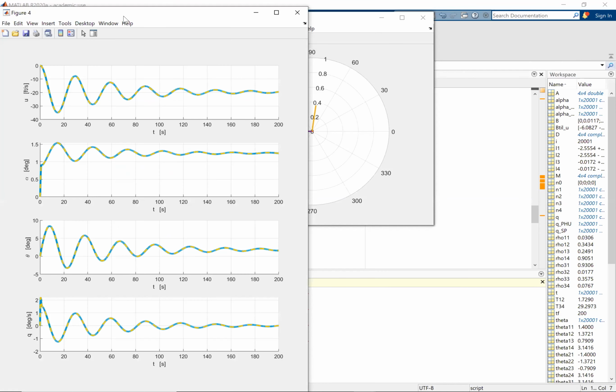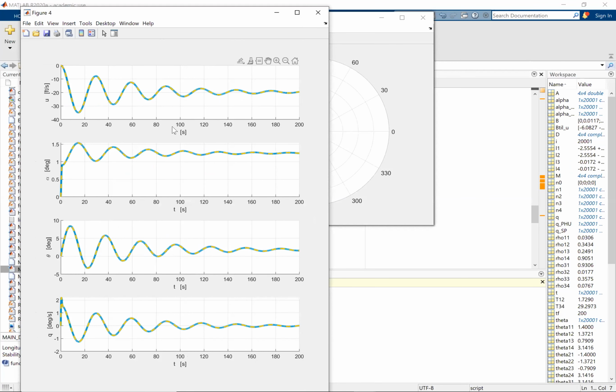And in figure 4, we have the plots that you saw in the notes earlier, with the 4 states solved numerically and analytically. You see the solution is exactly the same. So both ways are fine.